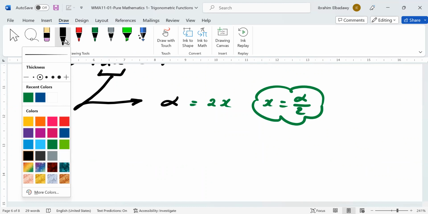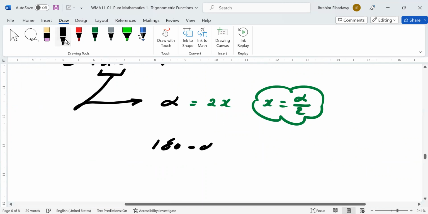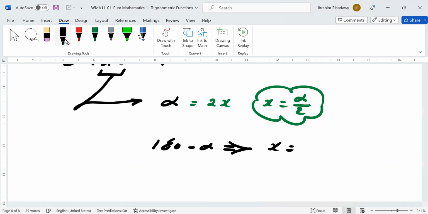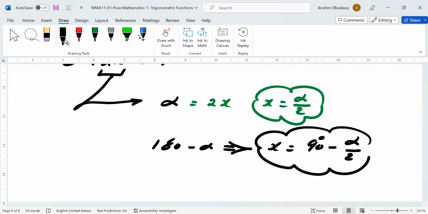And instead of 180 minus alpha, it will be x equal to 90 minus alpha over 2. So you have two answers: x equal to alpha over 2 and x equal to 90 minus alpha over 2. How can you get it?